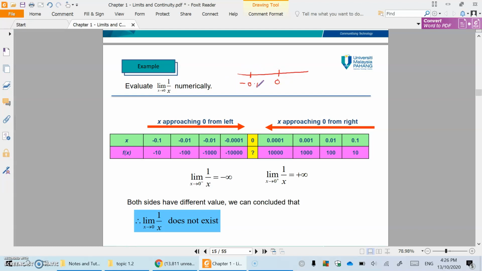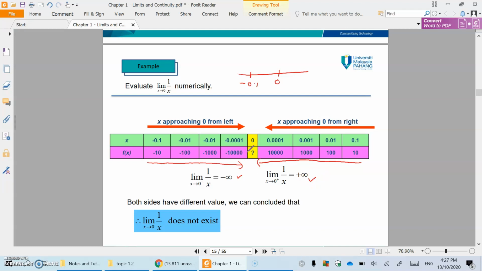As x approaches 0 from the left, we have negative 10, negative 100, negative 1000, negative 10,000, and we can say that it might be negative infinity from the left hand side. If we consider x approaching 0 from the right, we have 10, 100, 1000, 10,000, so we can simply say that it will be infinity. This is from the right hand side.